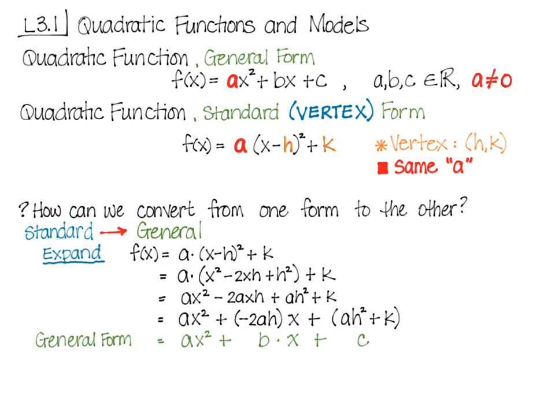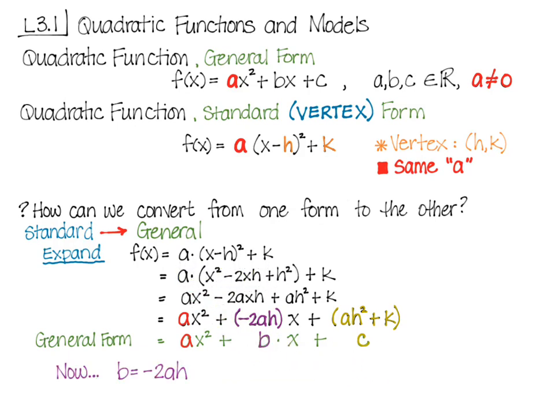If you notice, we've got our a's right there, we've got our b's, and we have our c's. And so this tells me something else. Now that I know this is what's going to help me convert from general form back to standard form, so that if I had ax squared plus bx plus c, I could easily write it in this format.